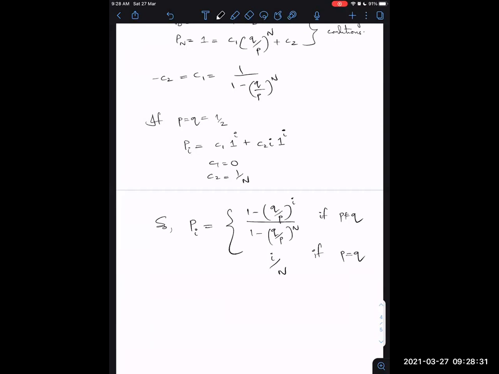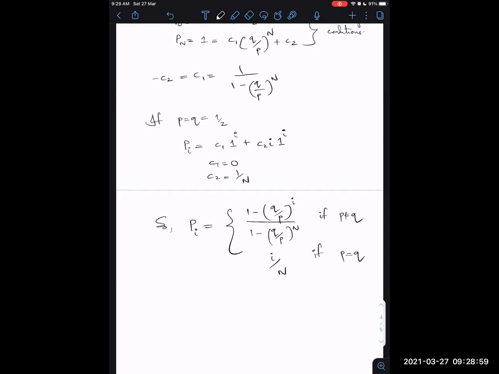P equal to Q is just the second case that we saw. And you just substitute the values that you have found for C1. C1 is 0, so the first term cancels out. C2 is 1 over N, and you have an N sitting there, and that is 1 to the I.